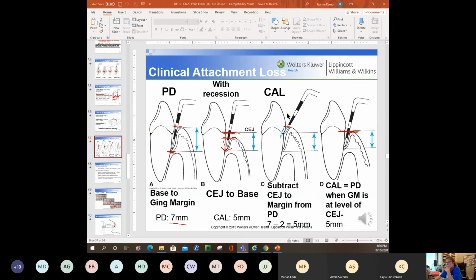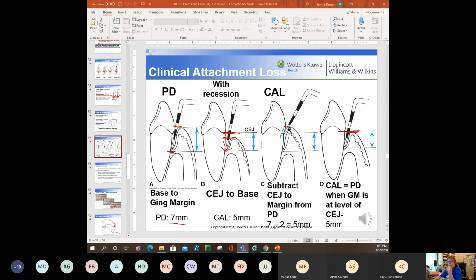So this is the CAL. You're going to take, this one is high like that. And what they want you to do is take a measurement to the CEJ, and then from the CEJ to there, and it would be 5 millimeters, because this 2 millimeters is supposed to be there. Remember, that's that moat around. It's just 2 millimeters here. There's nothing wrong with the tooth.